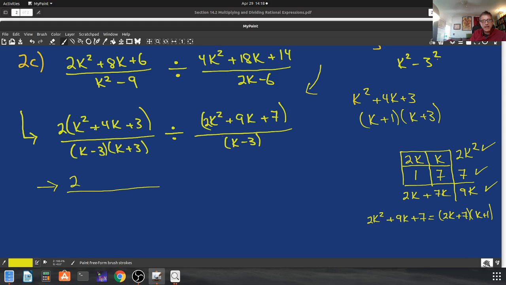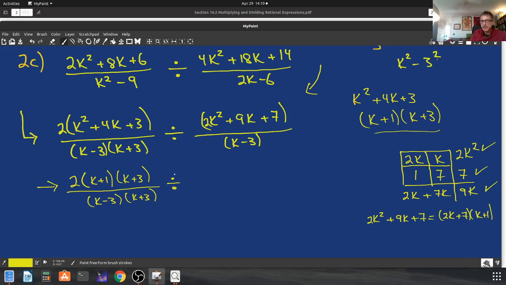So I'm going to write k squared plus 4k plus 3 as its factorization, because remember the first term of division doesn't change. There's something I can cancel.